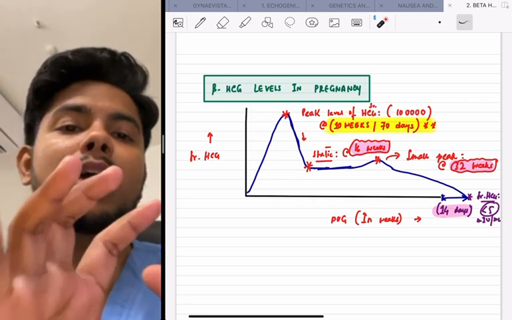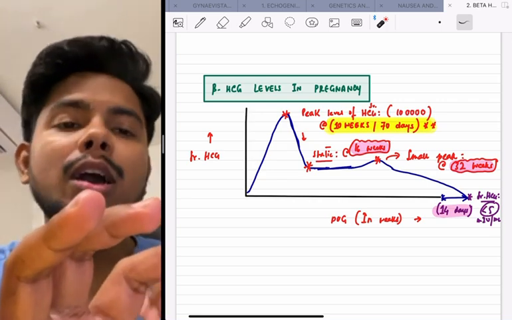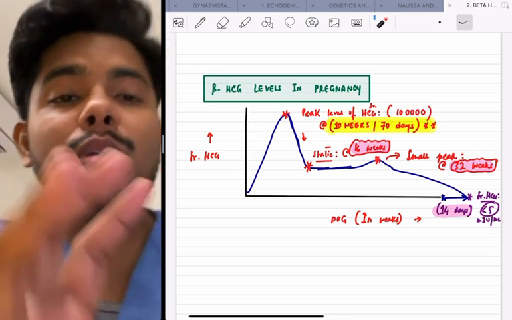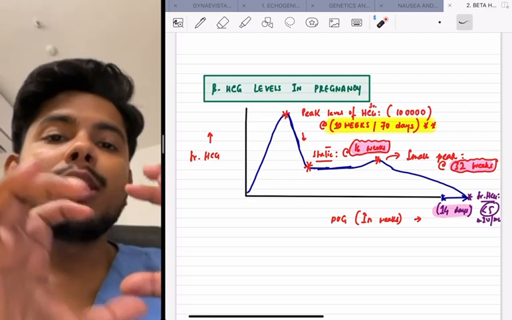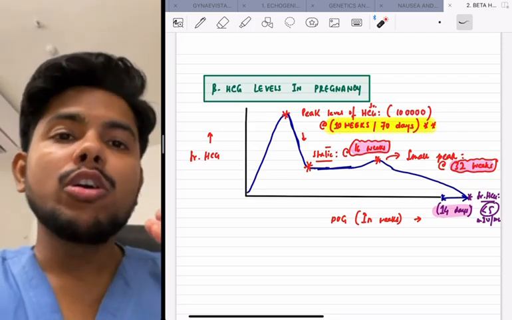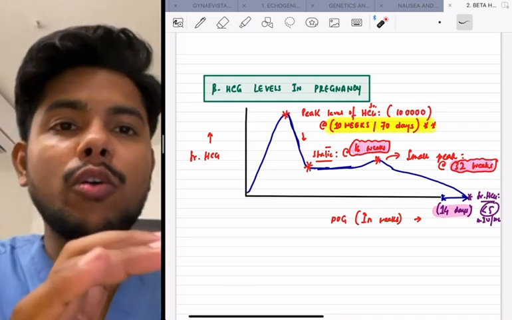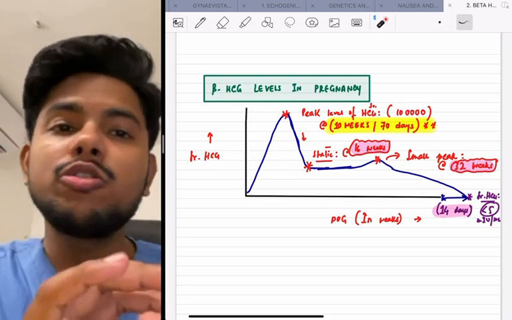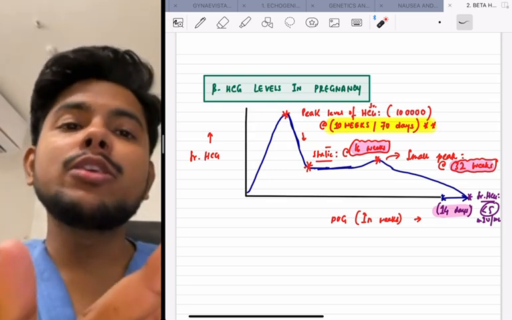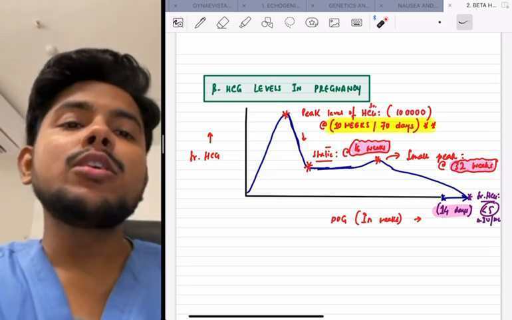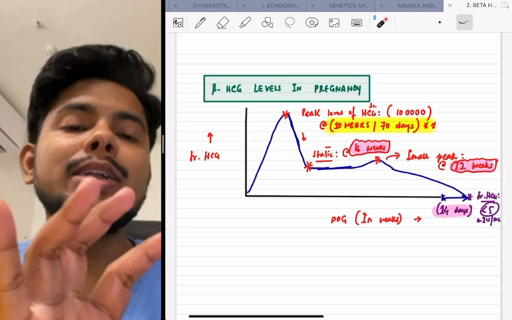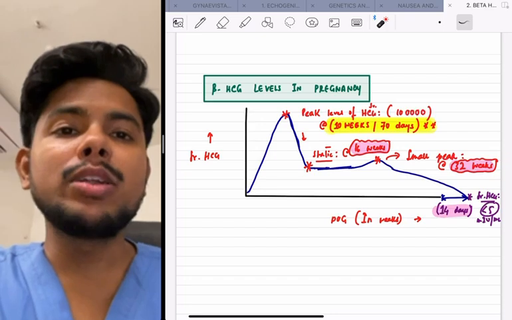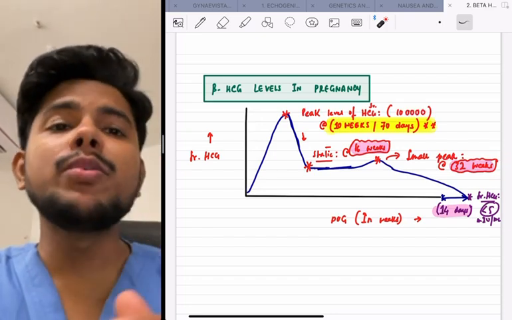Once the Graafian follicle ruptures during ovulation, the Graafian follicle is converted into corpus luteum. The corpus luteum then stays in the ovary for about 12 days. If there is no fertilization, after 12 days it undergoes degradation and degeneration, and the degenerated corpus luteum is then called corpus albicans.